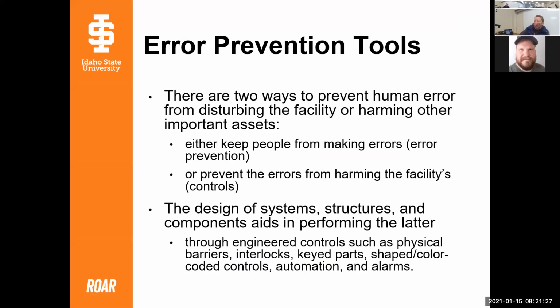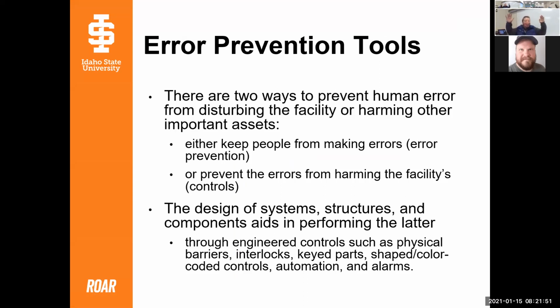There are two ways to prevent human error. Either keep people from making errors, error prevention, or prevent the errors from harming the facility, controls. When we design our systems, our structures, and our components, right, SSCs, everybody remember that acronym from last semester? We are essentially preventing errors from harming the facility.